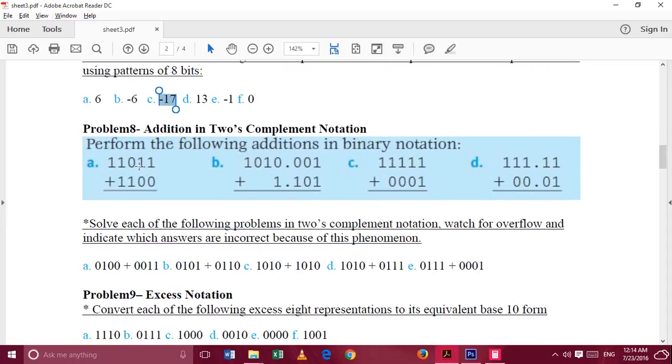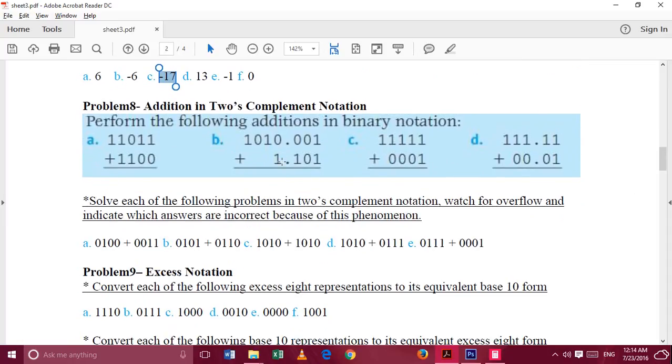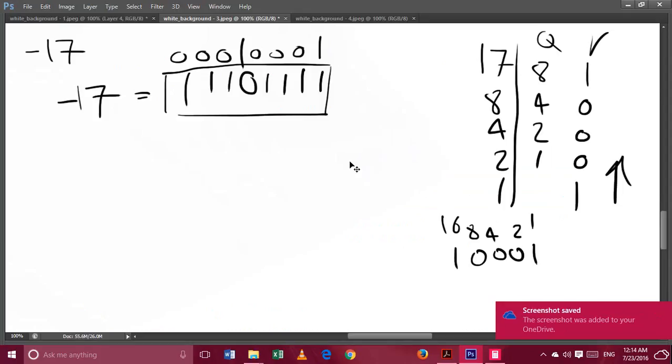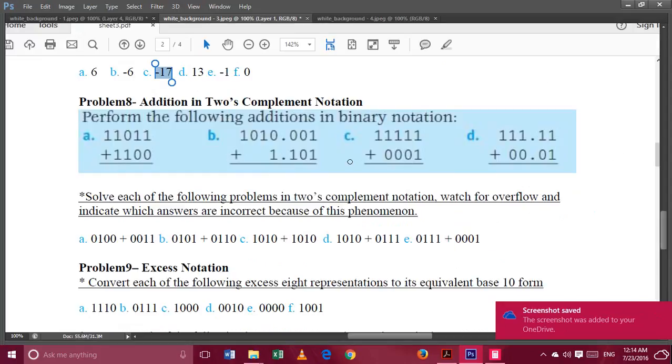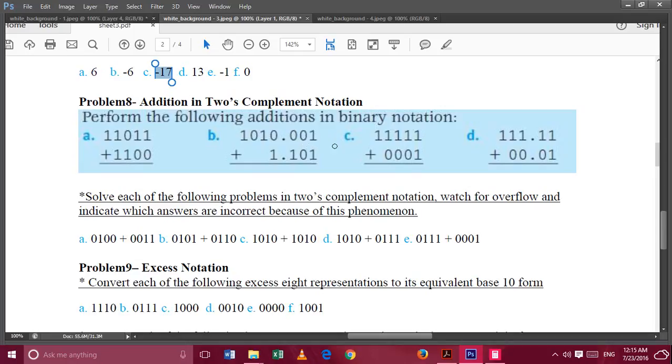Okay, next. We're going to do some additions here. So let me print the screen and copy it over here. Now be careful here. It says additions in 2's complement. I know it's not asking you whether an overflow occurred or not, but we're going to try to determine that. We're going to do this example here and this example.